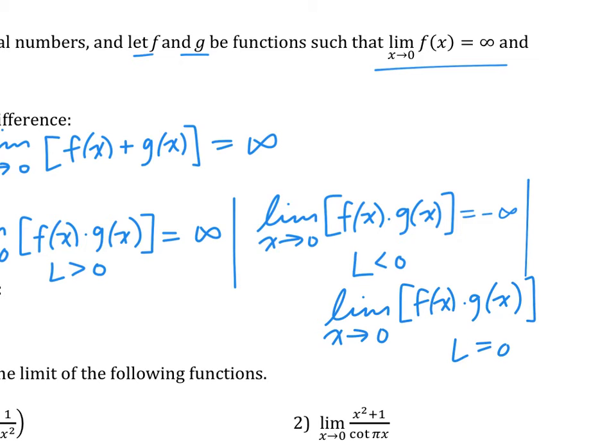This is an indeterminate form. So for now, just know you have a limit, infinity times a positive number, positive infinity. Infinity times a negative number, negative infinity. That's all you need to know. If it's multiplied by infinity or multiplied by 0, we don't know. We'll talk about that later.